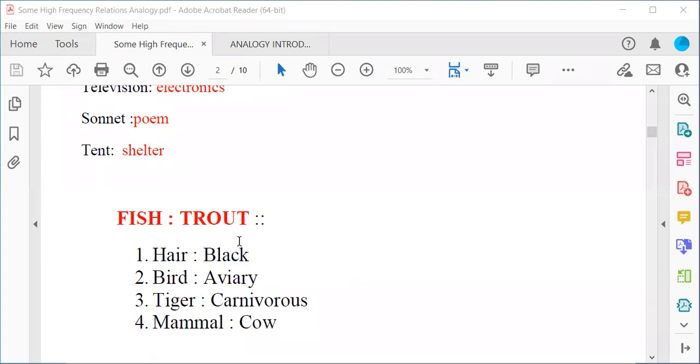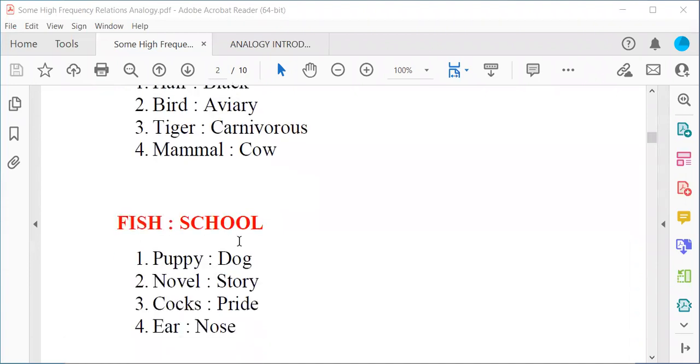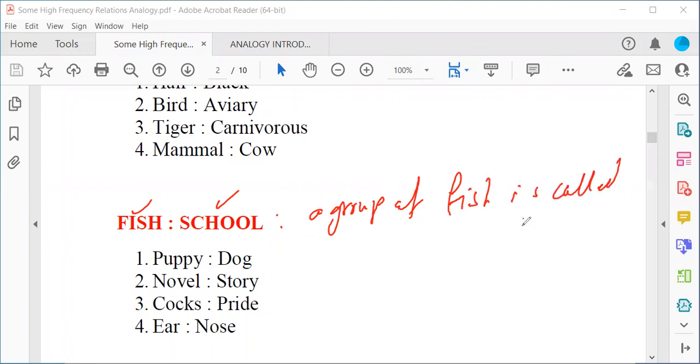Now let's have another question to make it clear. We have fish and school. What's the relationship between fish and school? The same thing here. A group of fish is called a school. We start from the first one.